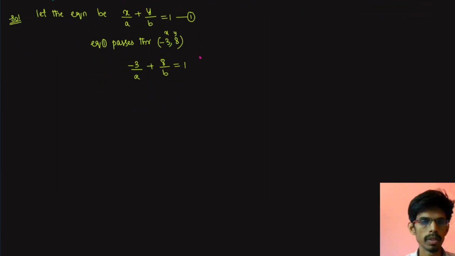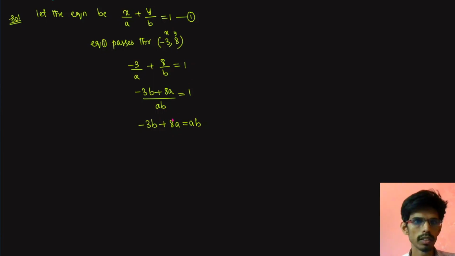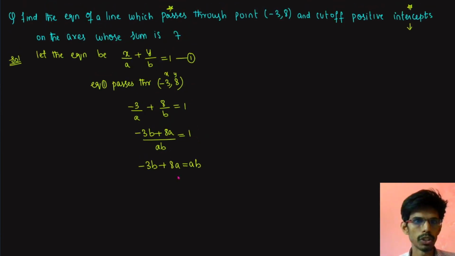Now take LCM here, I'll get a into b will be ab, so in the numerator I'll get minus 3b plus 8a upon ab. Just cross multiply here. Now this will become minus 3b plus 8a is equal to ab.